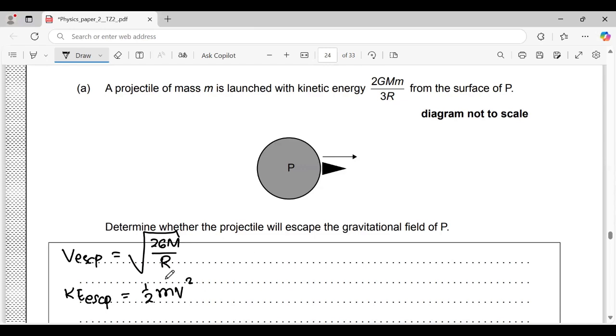This is the formula of kinetic energy, and of course this is v escape.